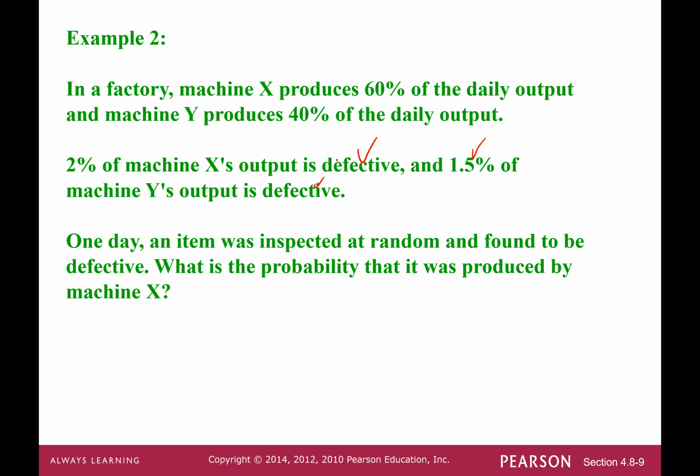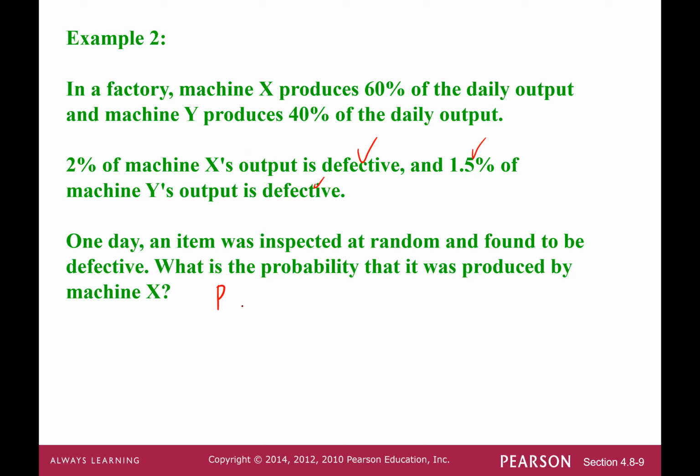One day, an item was inspected at random and found to be defective. And then the manager wants to figure out, for this defective item, which machine produced it, right? You want to find the probability that it was produced by machine X, assuming it's a defective item.